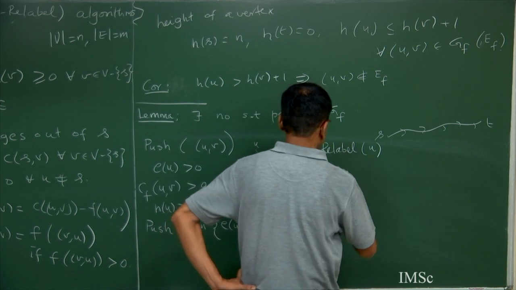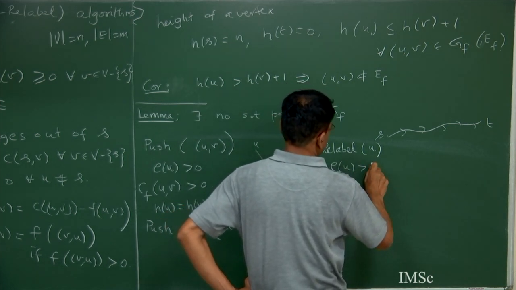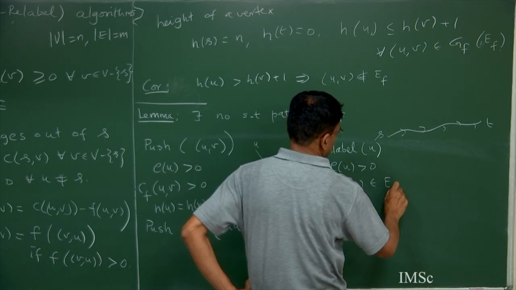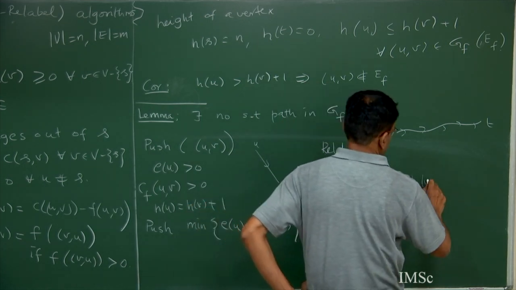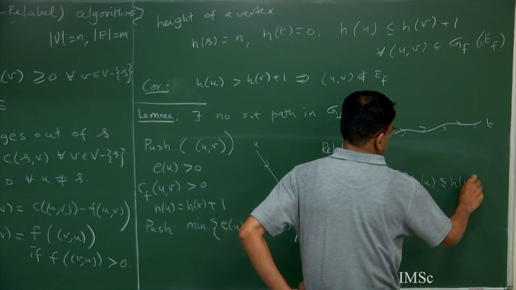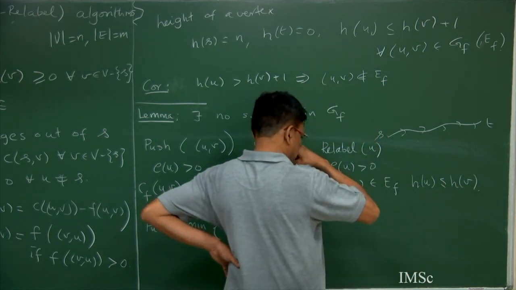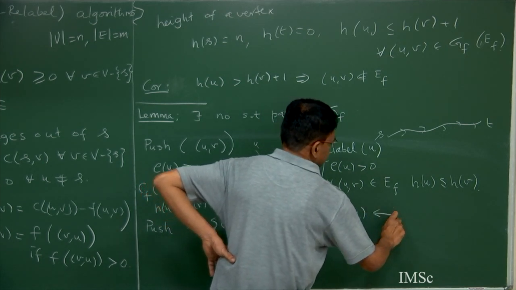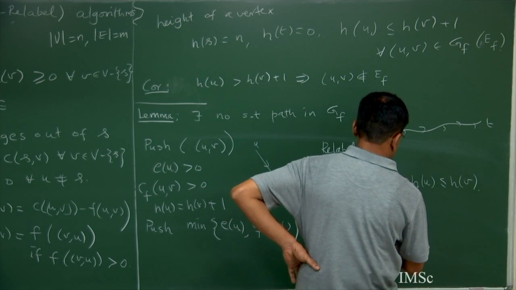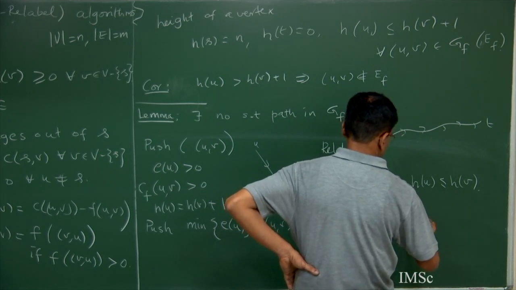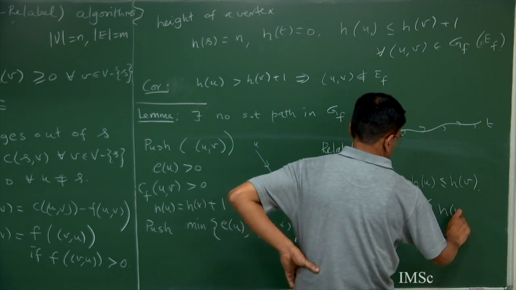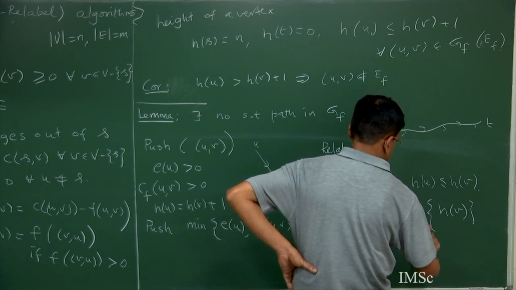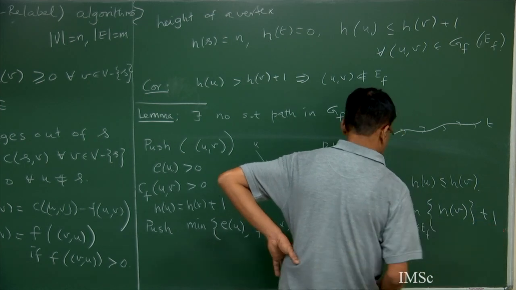When is this applicable? If E of u is greater than 0 and for all uv in the residual network, height of u is less than or equal to height of v, then I am going to increase the height by, well, minimum of height of v over residual edges, plus 1.